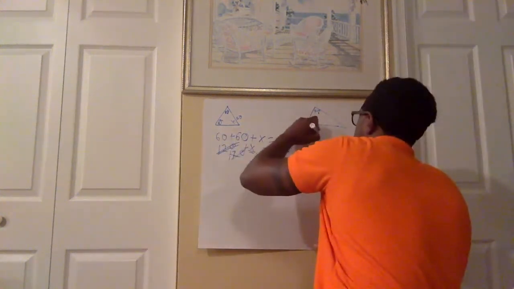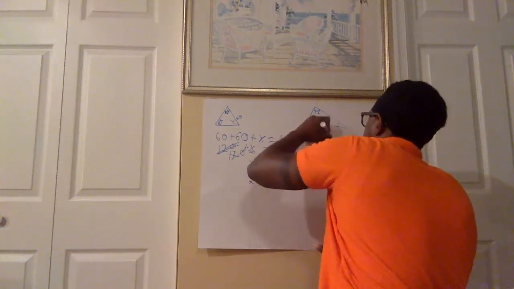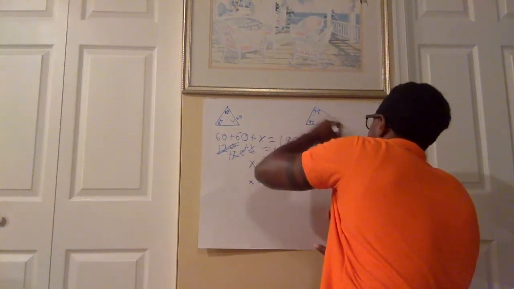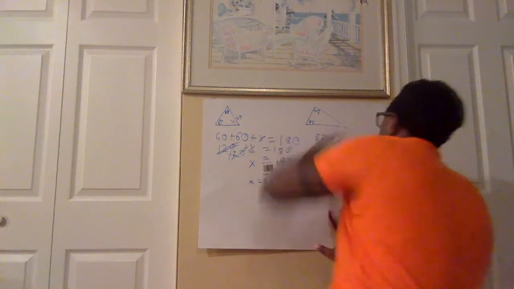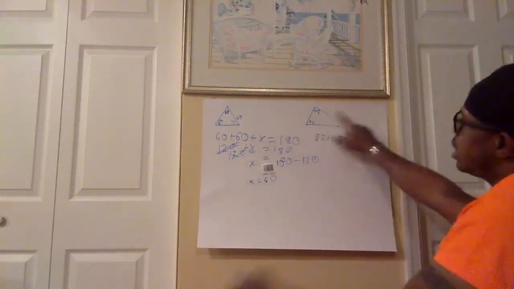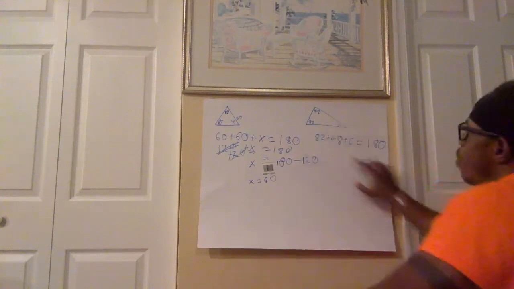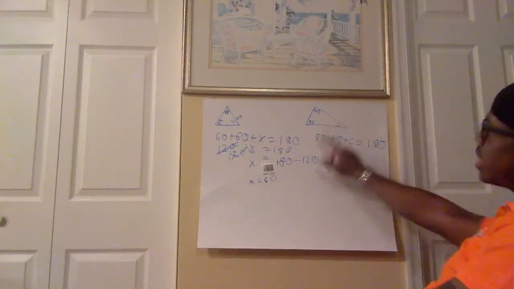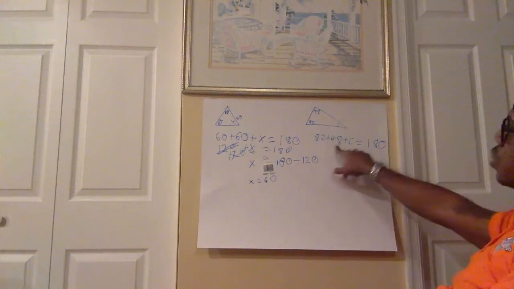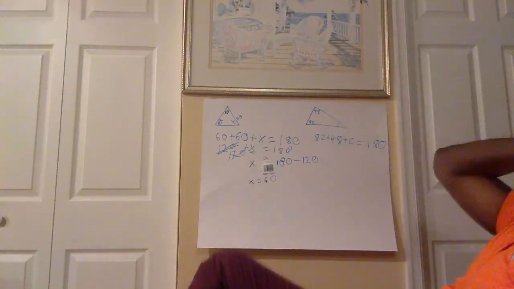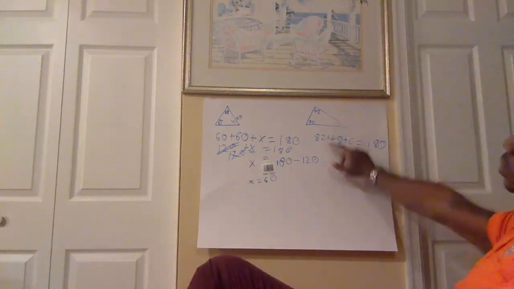So we know that we have 82 degrees plus 48 degrees plus C is equal to, it's always going to equal 180. What's 82 plus 48?